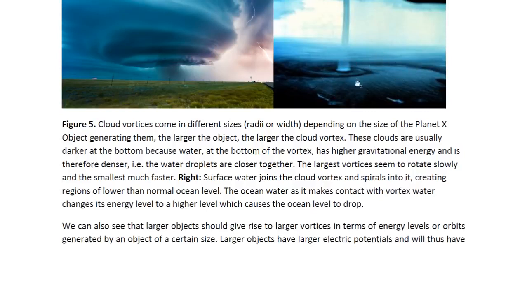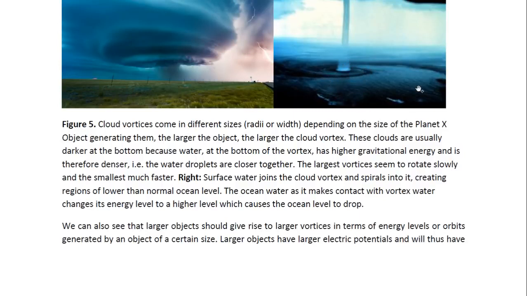You can clearly see the spiraling water on the surface of the ocean spiraling in. And it actually creates regions of lower than normal ocean level. You can see the ocean level has dropped here, whilst it's higher there. And it's actually varying. It's higher there, and it decreases as it spirals in.